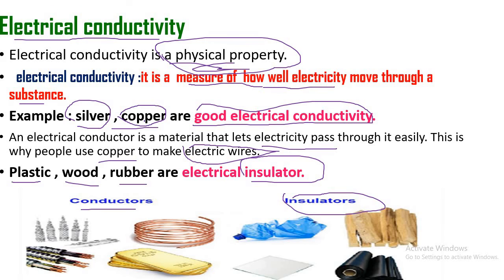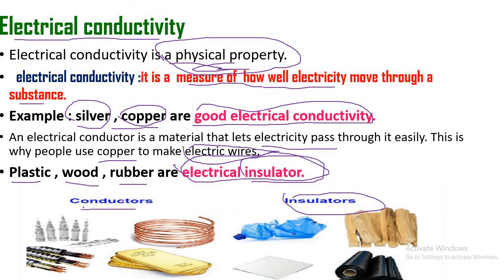While with other materials electricity cannot pass through, like plastic, wood and rubber, and these are called electrical insulators. Plastic, wood and rubber are all called electrical insulators because electricity cannot pass through them easily.